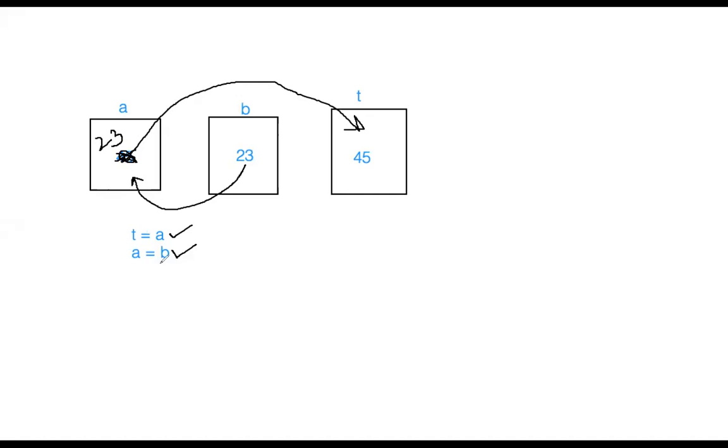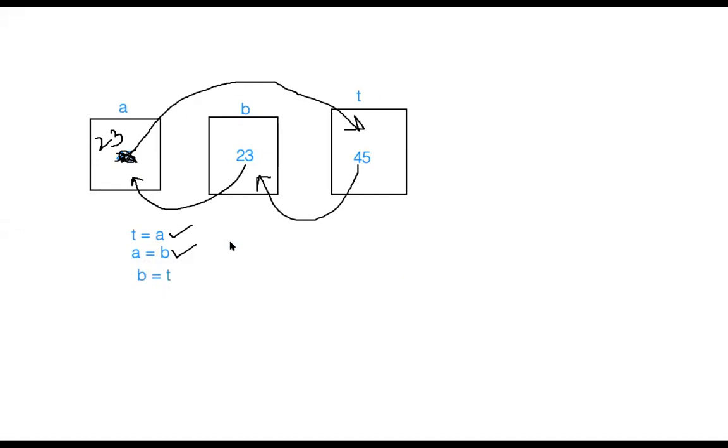After executing a is equal to b, a is 23, b is also 23, but t is 45. Now what we need to do is b is equal to t. Whatever the content of t, which is now the old value of a, I have to move it to b here. So the statement I have to write is b is equal to t.